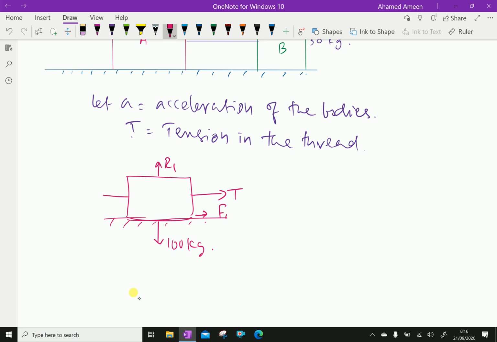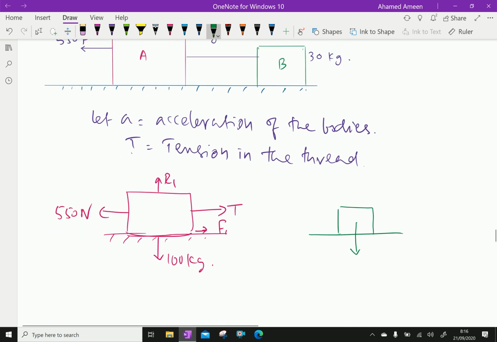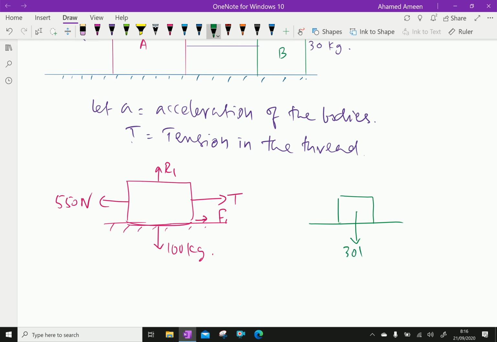Then the pulling force is 550 Newton. Now body B is like this: weight of 30 kg acting downward, then frictional force F2, normal reaction R2, and tension on the left side, in the direction of the thread.